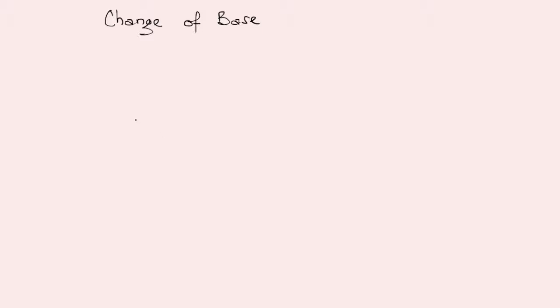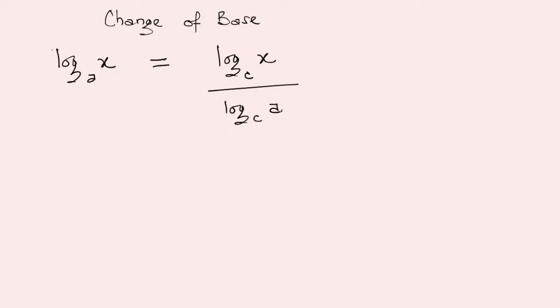The next thing we want to tackle is change of base. Now, if we have our expression log to the base a of x, we can actually change the base in which this logarithm is. And the simple expression with which we can change that is log to any base c of x over log to any base c of a.